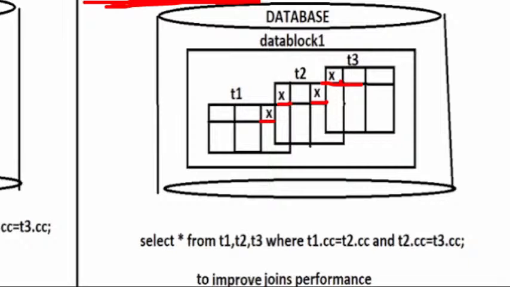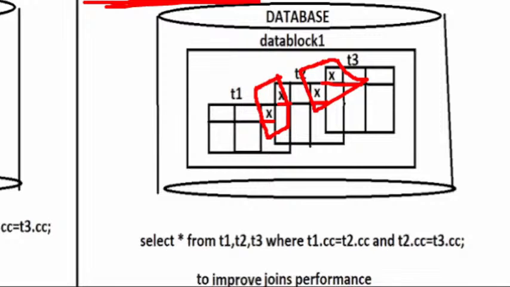So however many tables you cluster together, every table should have a common column name. Your common column name is what? X. Your common column is X. Based on this common column, at the time of cluster table creation, table to table will be linked.